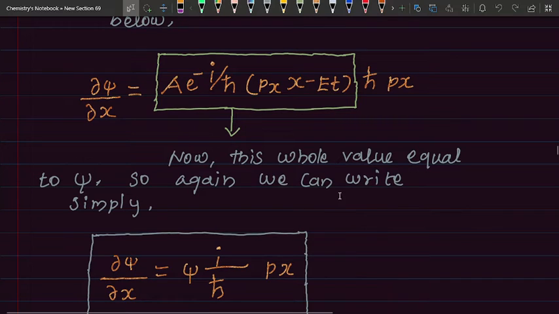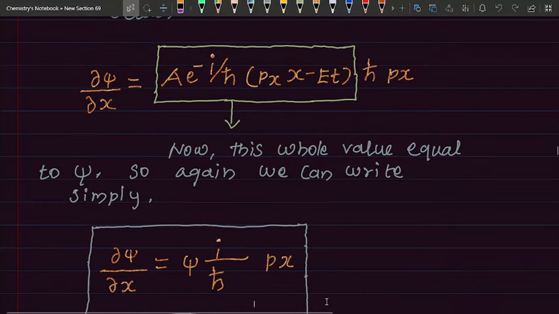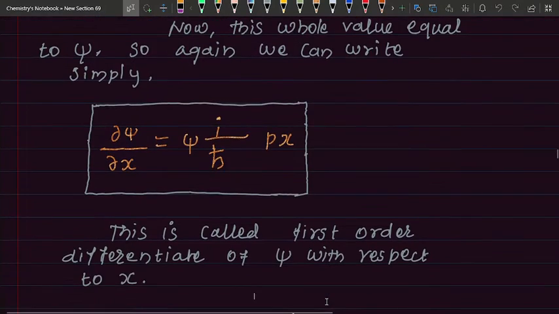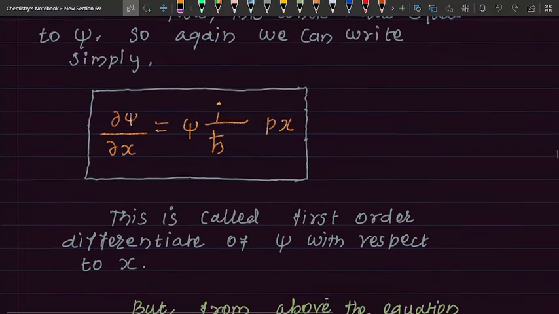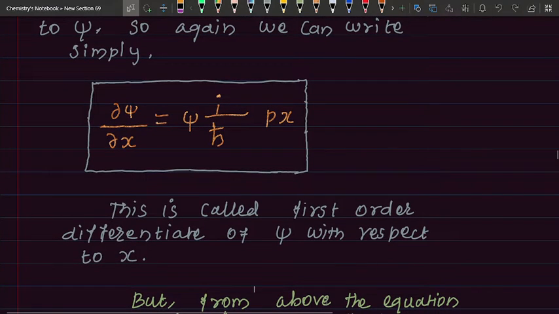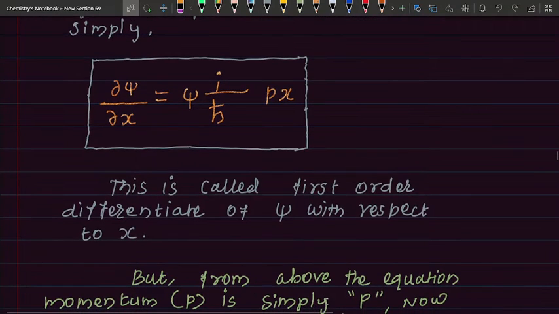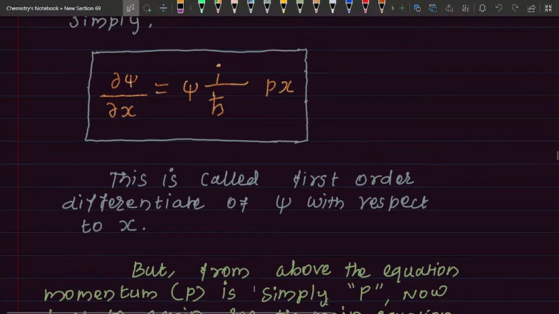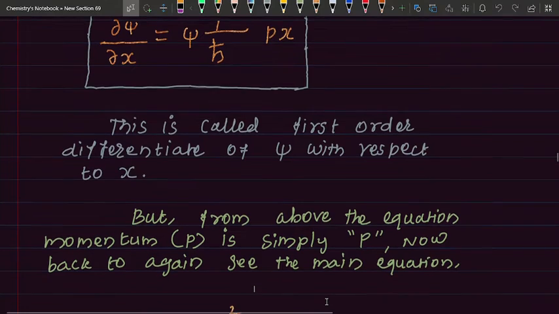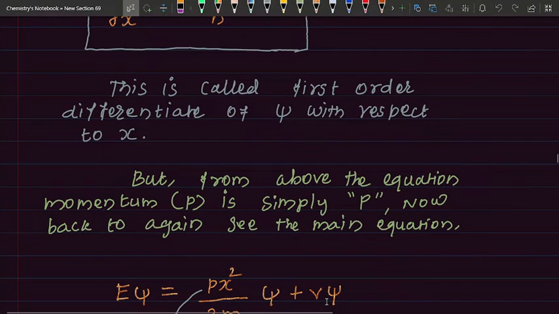So again we can write simply dou psi by dou x equals psi times i by h cut px. This is called the first order derivative of psi with respect to x. From the above equation, the momentum is simply p.